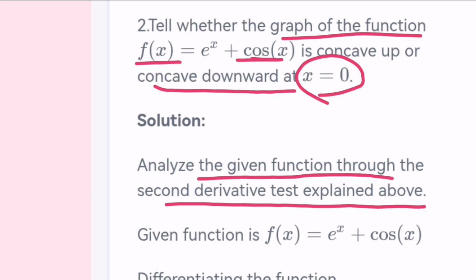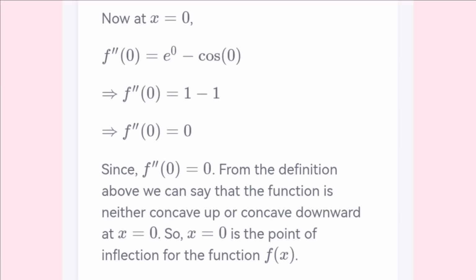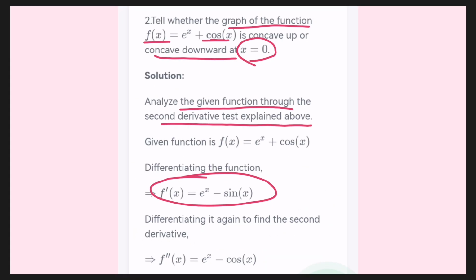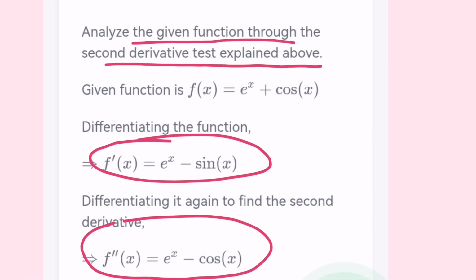So differentiate the first time. This becomes e power x minus sin x. Now differentiate it again to find the second derivative. So the second derivative of the given function will be e power x minus cos x.